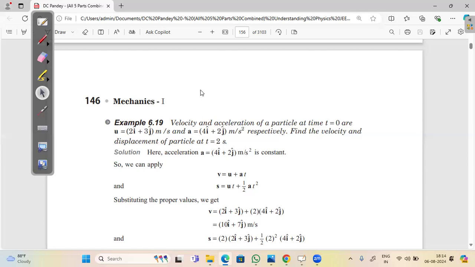So, this is a real question from the exam. I'm resharing the screen. Yes, sir.